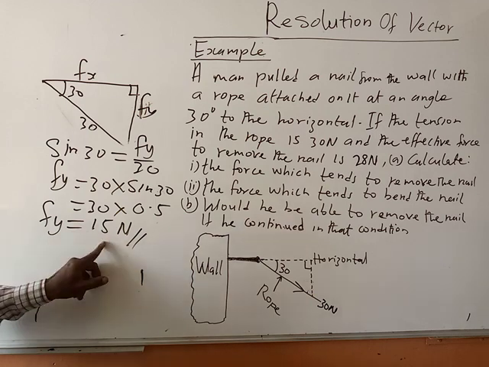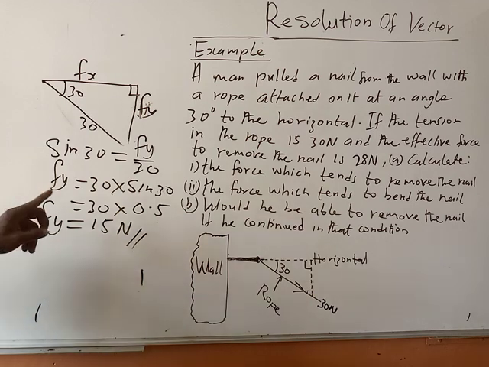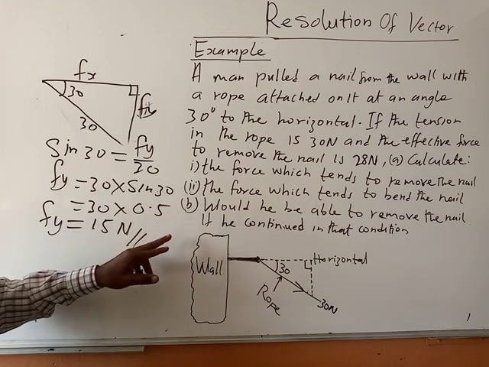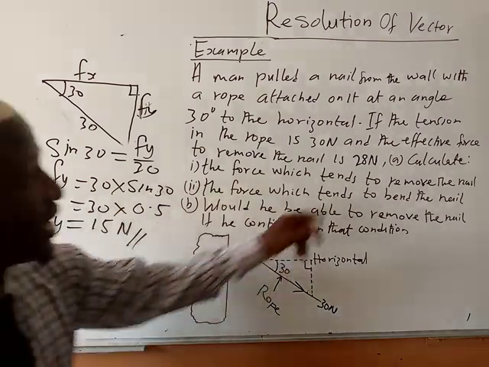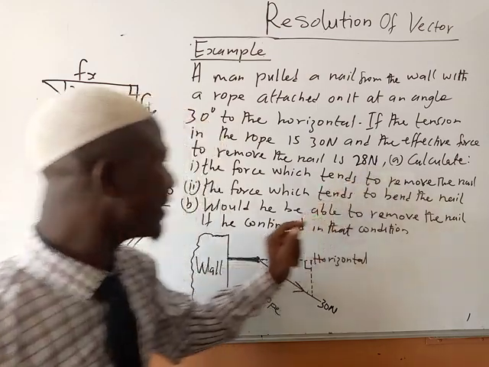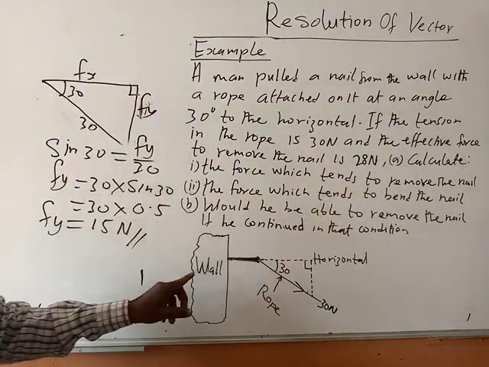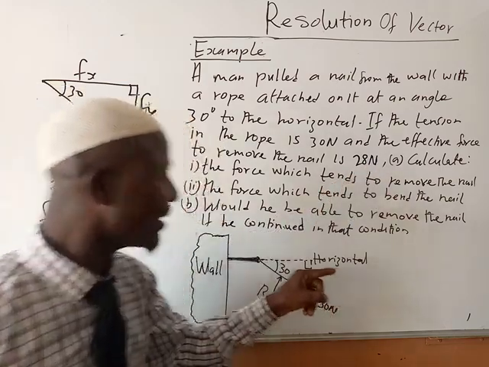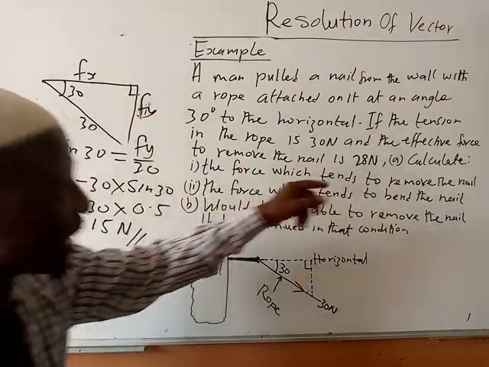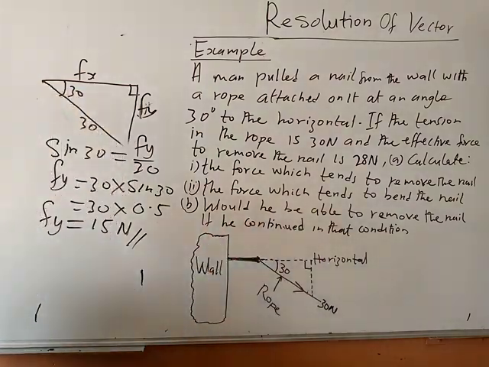But the one that is removing the nail is 25.98, and the force required to remove the nail is 28 Newton. You can see that the effective force that is removing the nail is less than the required force. The man applied more than necessary force, but he applied it wrongly.